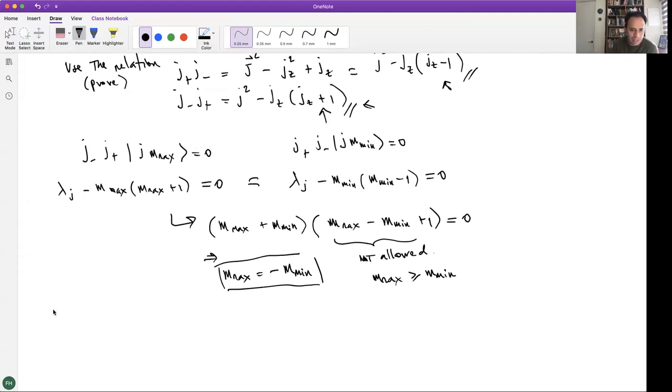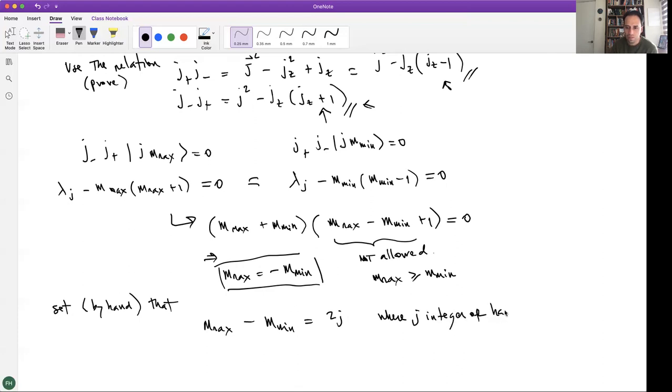Therefore, we set by hand, because of this relation, that M maximum minus M minimum is equal to 2 times j, where j is an integer or half integer.